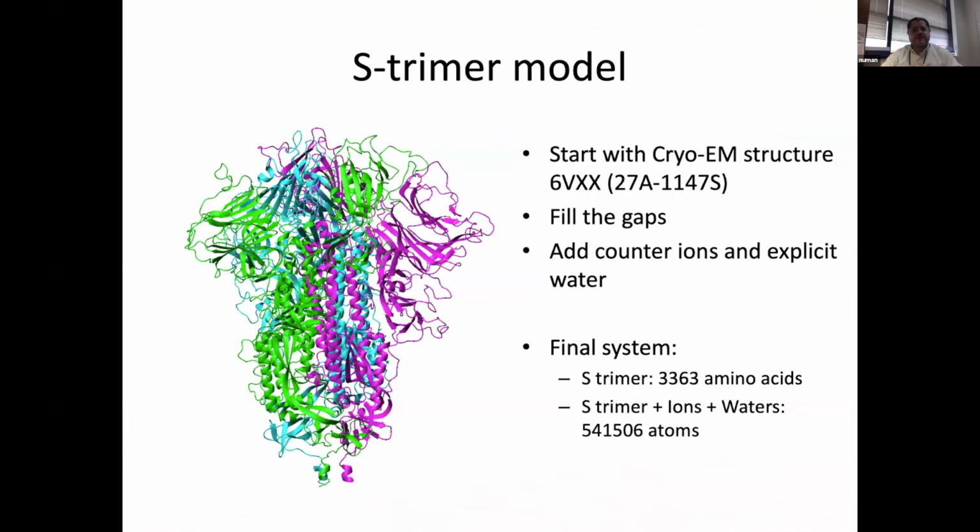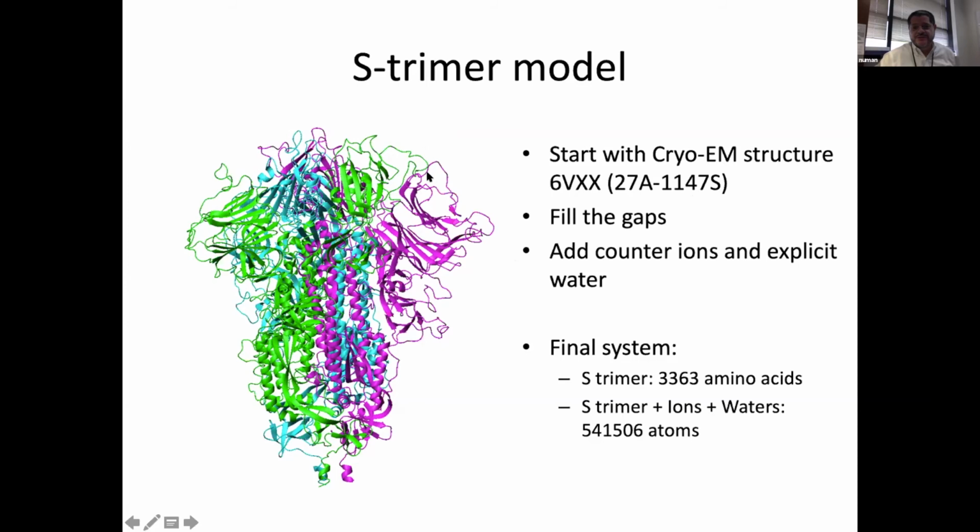Before I can start the simulation, I need to generate the model, because the structures that we have for the SARS-2 spike are cryo-EM structures, but they have a lot of gaps. They cover the region from alanine 27 to serine 1147, but I need to fill these gaps.